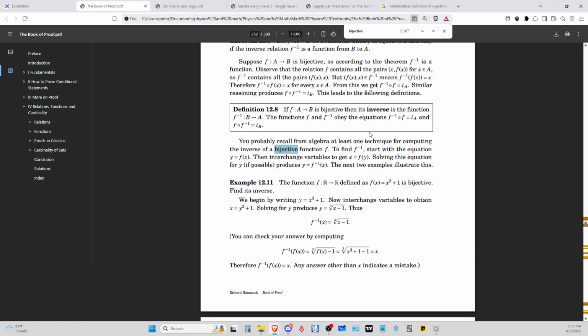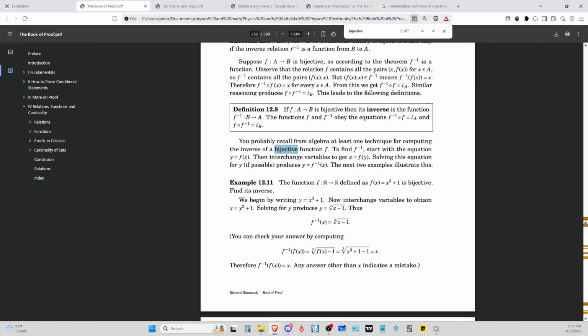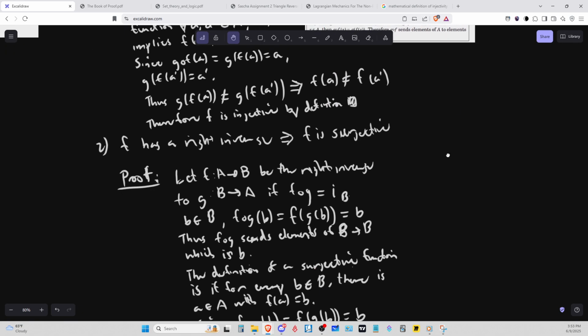Oh, here we go. If f from A to B is bijective, then its inverse is the function, and the functions obey the equation. Ah, okay. Maybe we can use this. I think we can use it down here.